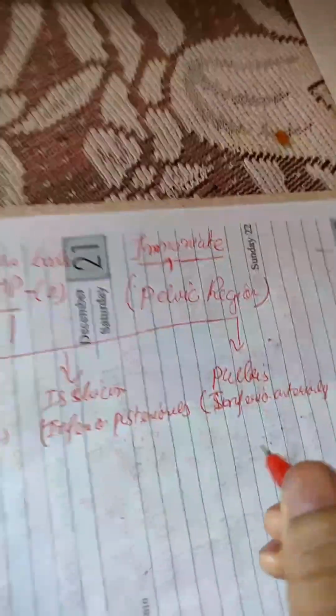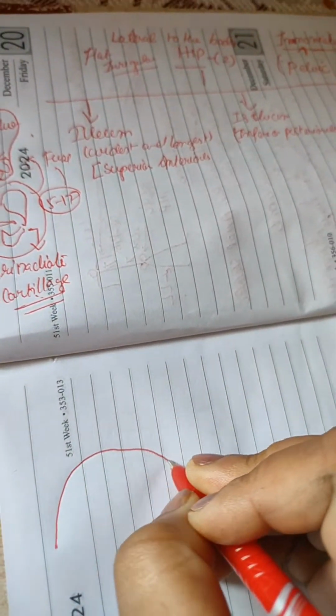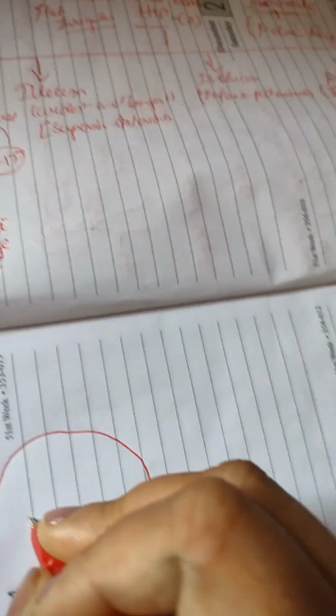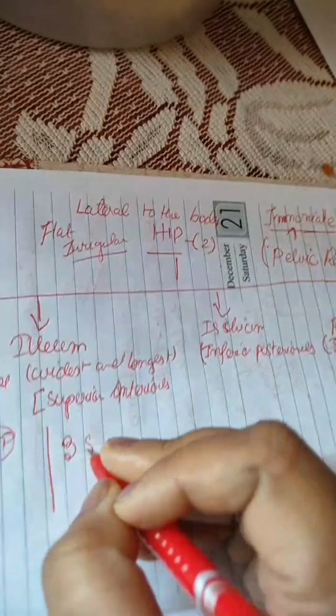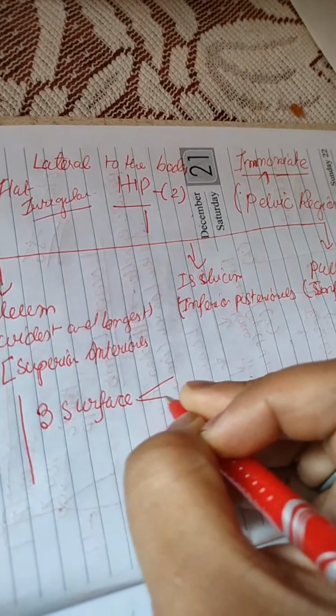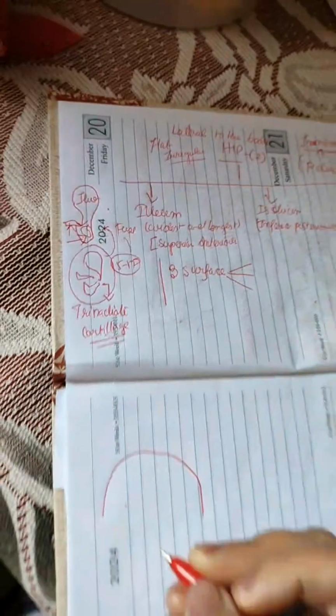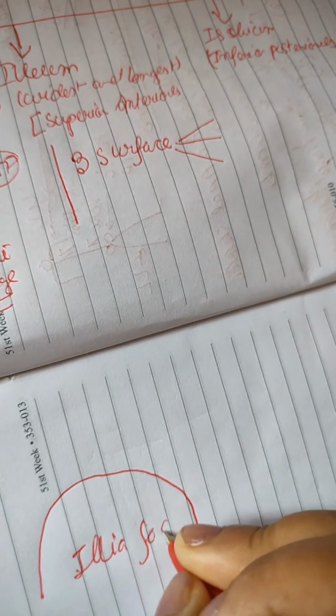Now come back. When we talk about the ilium, I'll make a diagram. The ilium bone itself has three surfaces. So I'm putting here a line diagram to make it easy. It has three surfaces. The three surfaces are, anteriorly we have the iliac fossa.